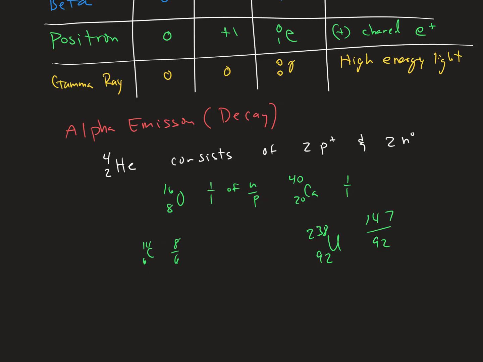As it gets heavier, we need more neutrons to make it stable, so that ratio is a little bit greater than 1-to-1. But as it gets heavier, there also are more unstable isotopes, because they're just buzzing around in there trying to break apart, and those neutrons are trying to hold them together.